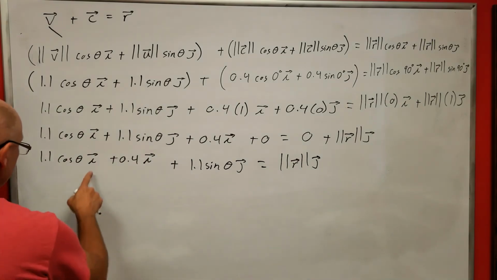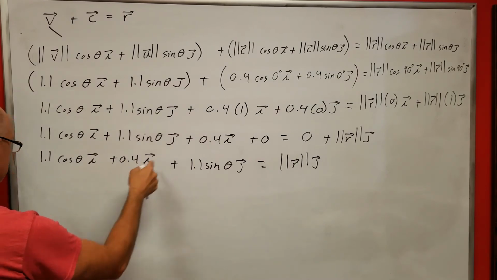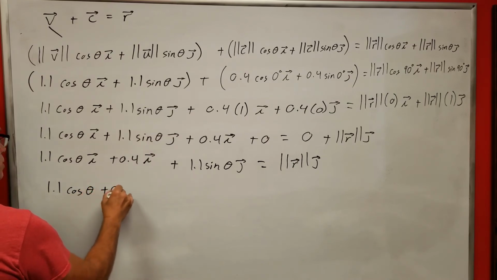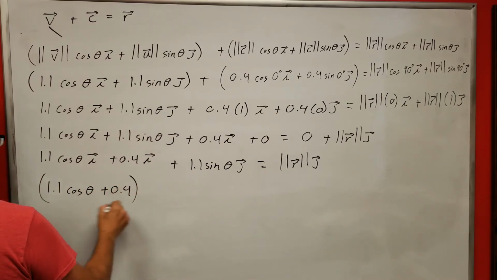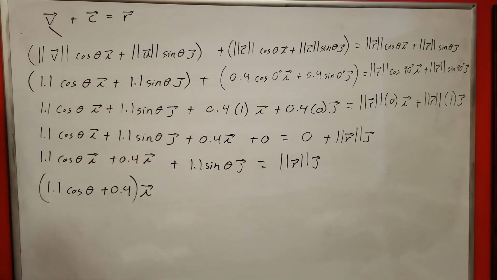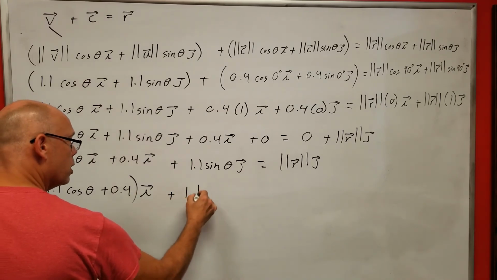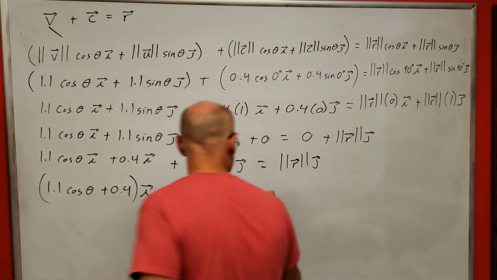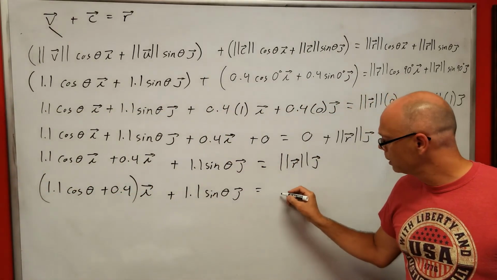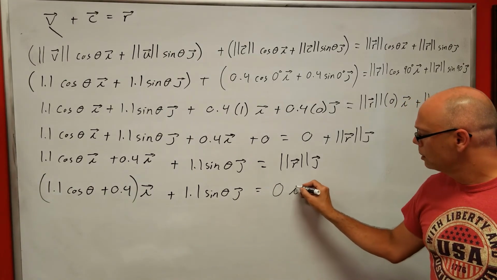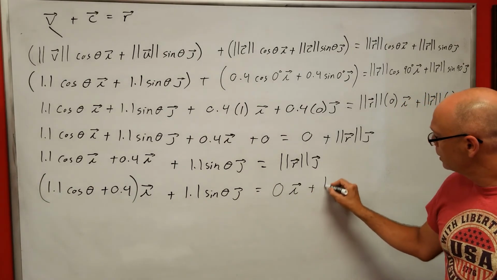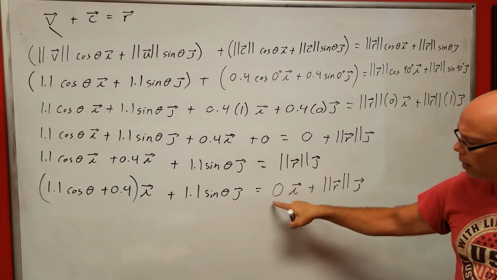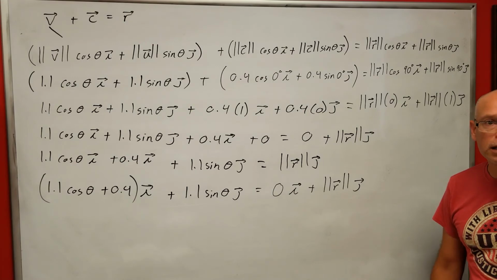Now right here, I can factor a vector I out of this, and I could say this is 1.1 cosine of theta plus 0.4 times vector I plus 1.1 sine of theta times vector J is equal to, now what I'm going to do right here is put in 0 times vector I plus the magnitude of R times vector J. So I just inserted right here 0 times I. Now why did I do that?